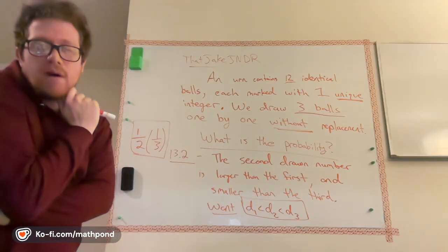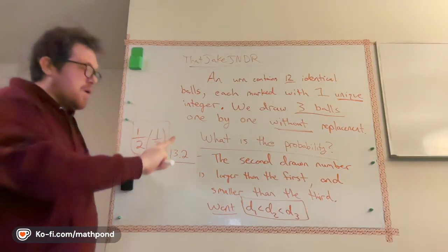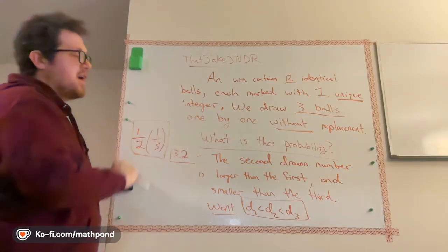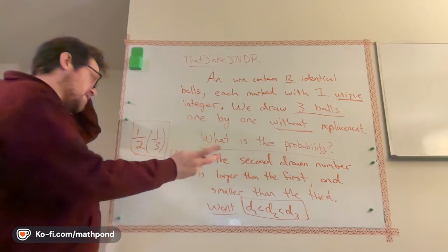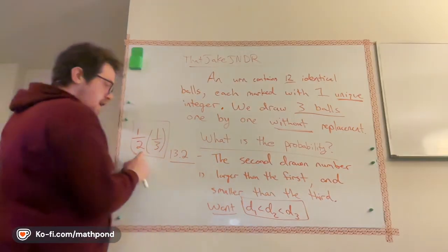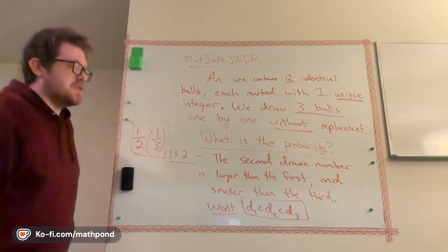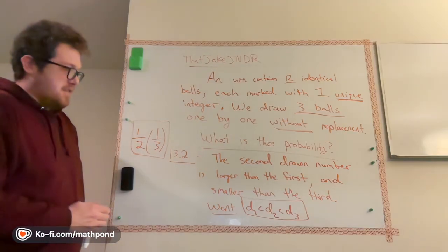Oh, I see. So it's equally likely that D1 is less than D2, and because of the symmetry, it's 1/2. So by symmetry, D2 is bigger than D1 1/2 of the time, because the other half of the time, D2 is less than D1. Right, okay, that makes sense.